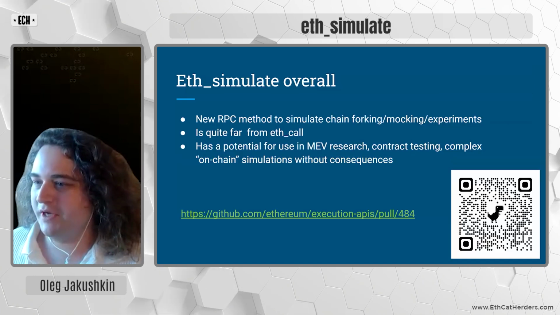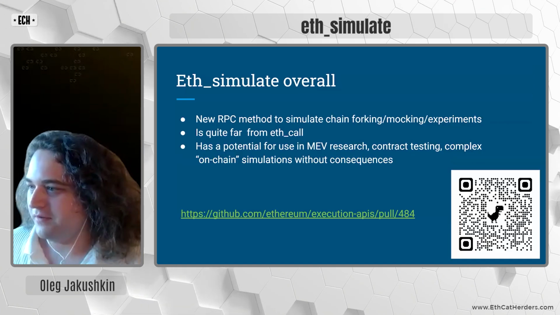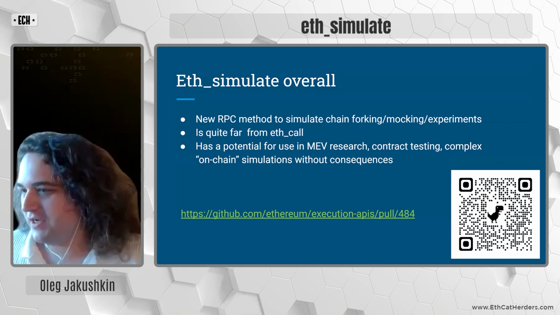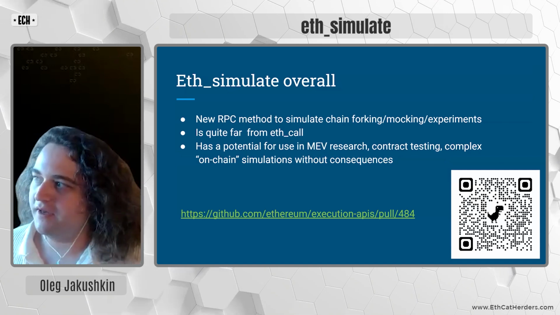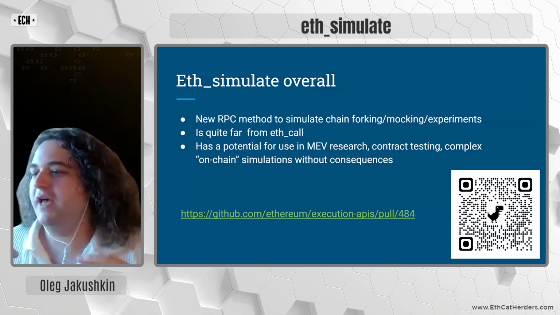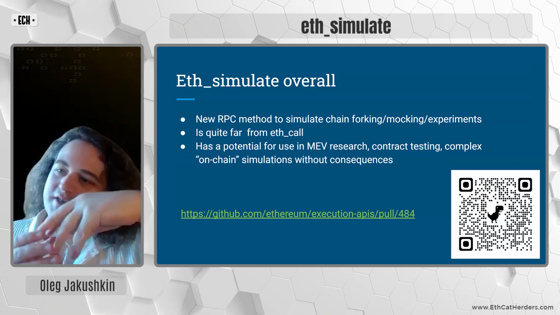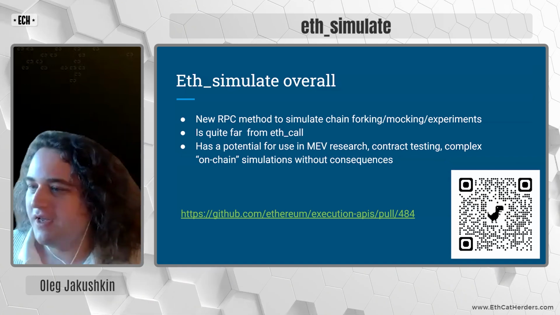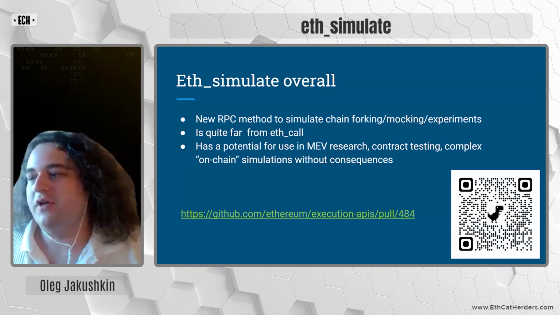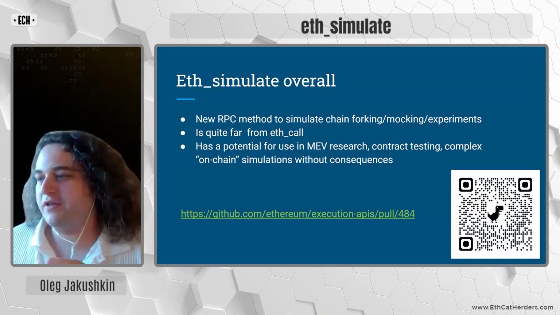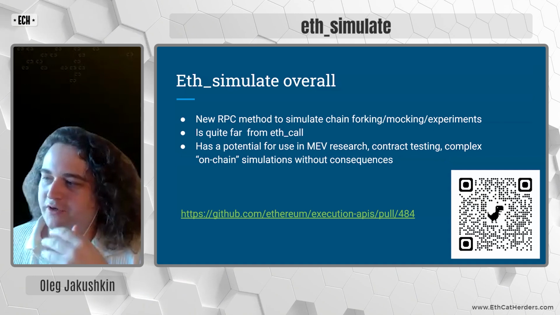And yeah, ETHSimulate overall would allow you to do experiments on a chain that are a logical evolution of what you had in ETHCall, where you had a single transaction. Here you have blocks, a set of blocks that can be tested. You can use it for MEV research. You can see how AMMs react to whatever conditions you are trying to test them with.